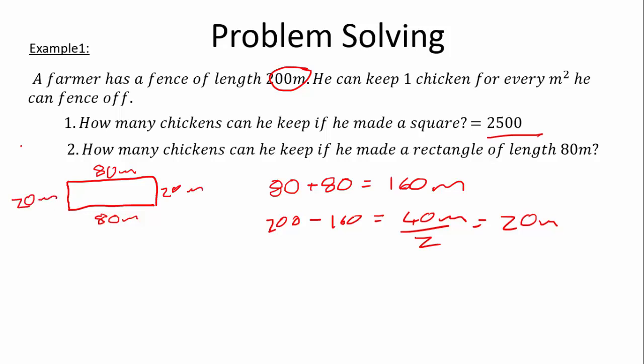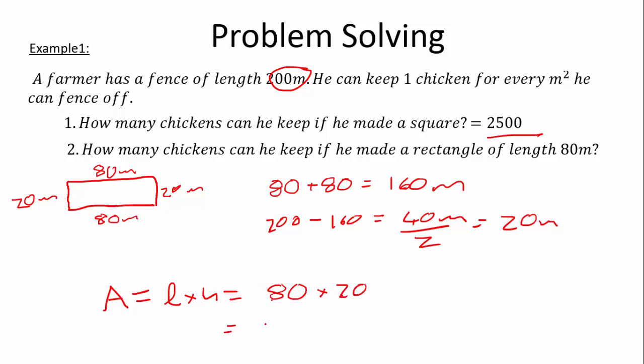We can check the perimeter. That's 80 plus 20, that's 100, and 100, that's 200. That's perfect. Now, how do we figure out the area? The area of a rectangle is equal to length times height, and that is equal to a length of 80 times a height of 20. What's 8 times 2?